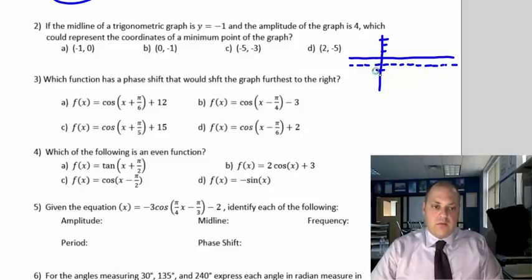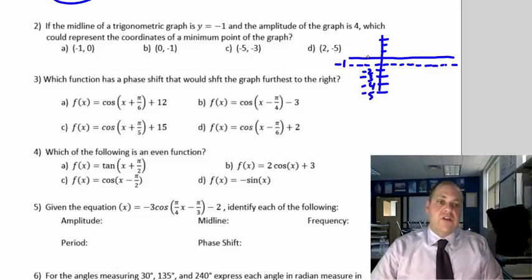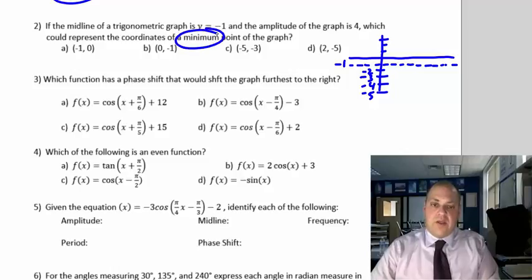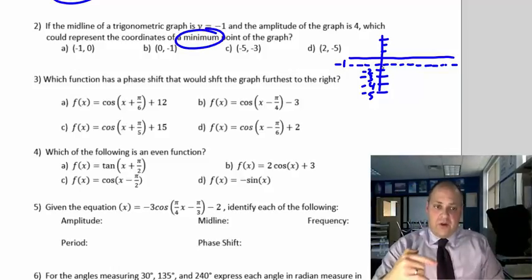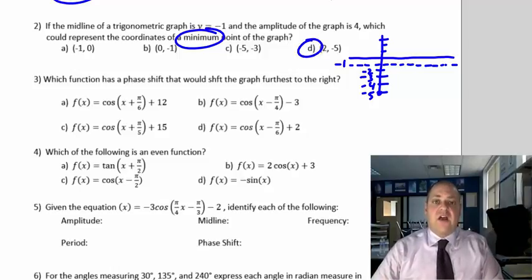Again, this is -1 right here. -2, -3, -4, -5. You're going down 4 units. You're going to go down to -5. So it says a minimum point, right? So anything that's a -5 on your y is going to be a minimum point. So that's going to be choice D, 2, -5.